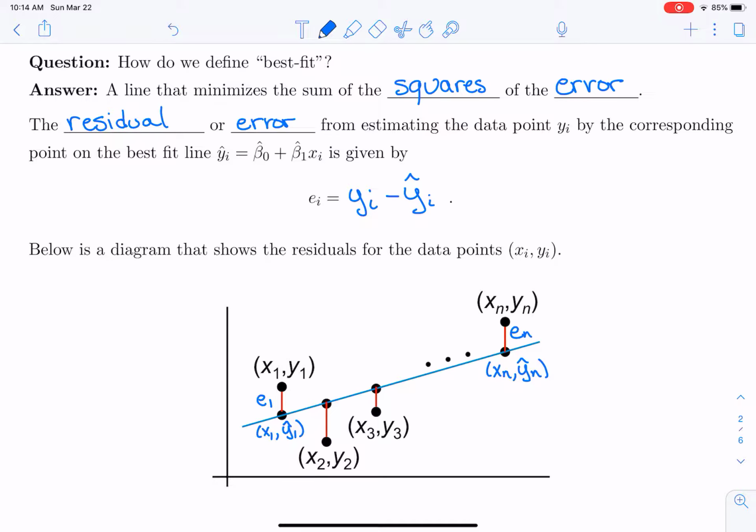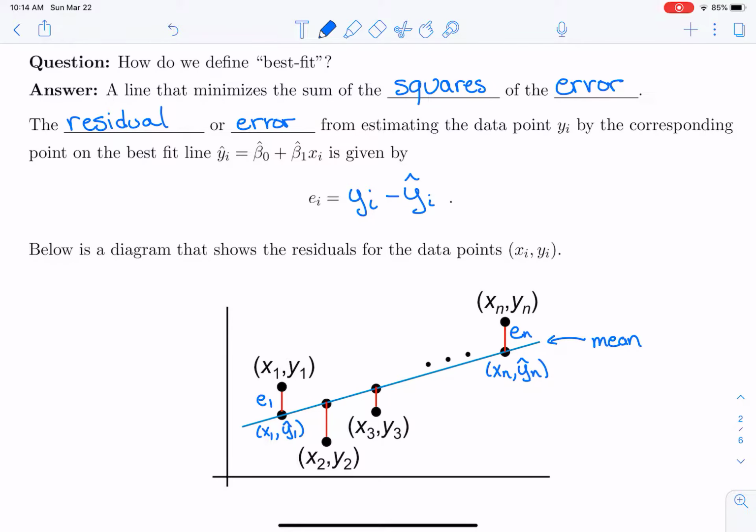And our goal is to minimize the sum of the squares of the red lines. And what we're really doing here by minimizing the sums of the squares of those red distances is we're minimizing variance. Because you can think about that the line here is the mean, okay?